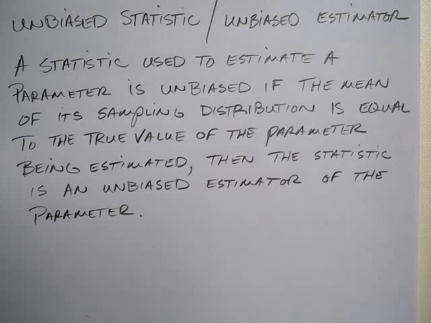Now we're talking about mean, but this is different. If the sample is taken many, many times, we've got the mean of the sampling distribution, okay, is equal to the true value of the parameter.